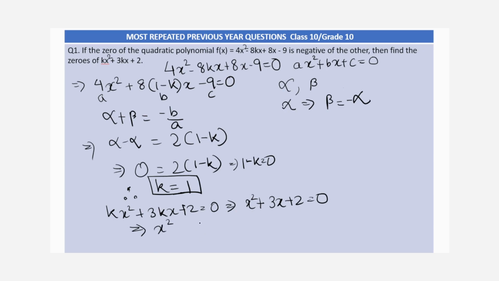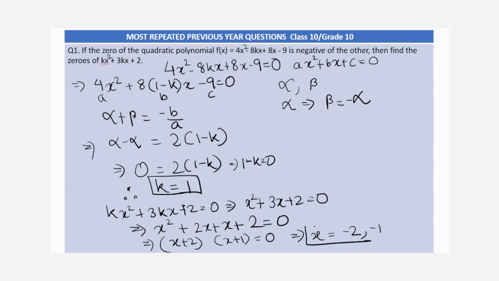We can change this 3x to 2x plus x, equal to 0. Now what are the factors? x + 2 and the other factor is x + 1. So what are the zeros now? x will be either equal to −2 or −1. So these are the roots of the second polynomial.